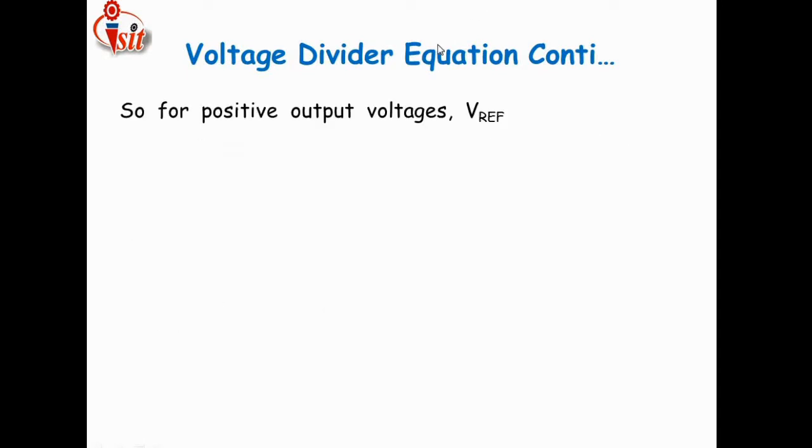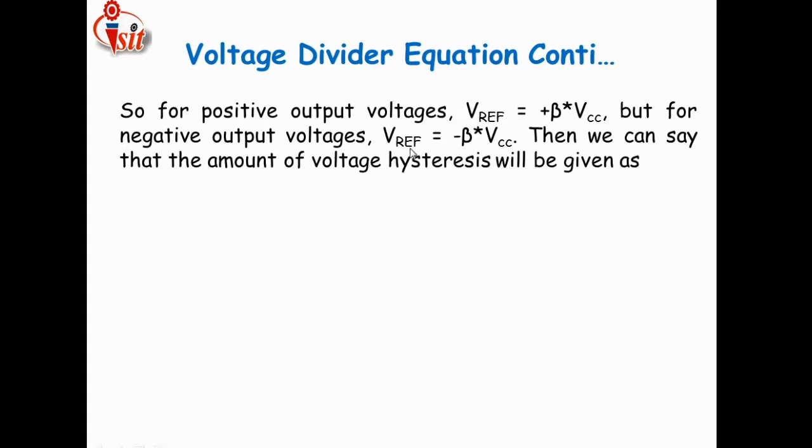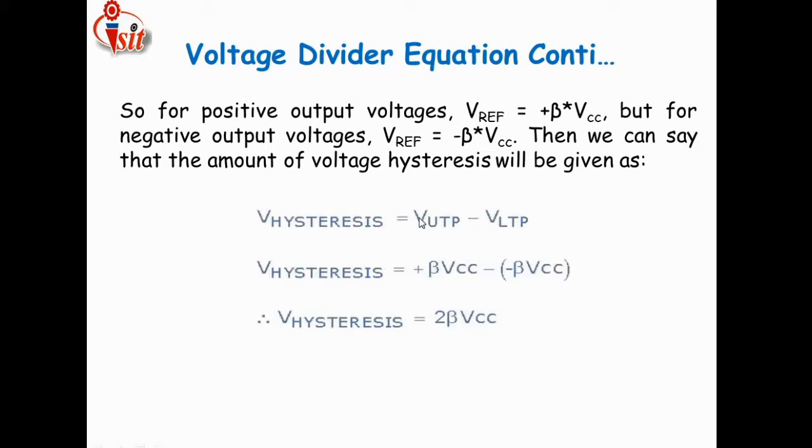Then voltage divider equation along with this. For positive output voltages, V reference is equal to plus beta times VCC, but for negative output voltages, V reference is equal to minus beta times VCC. Then we can say that the amount of voltage hysteresis is, as we know very well, upper trip point minus lower trip point.